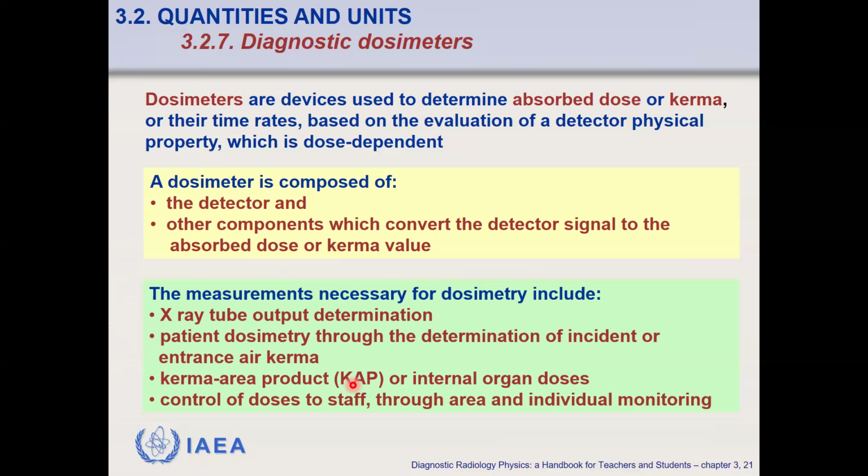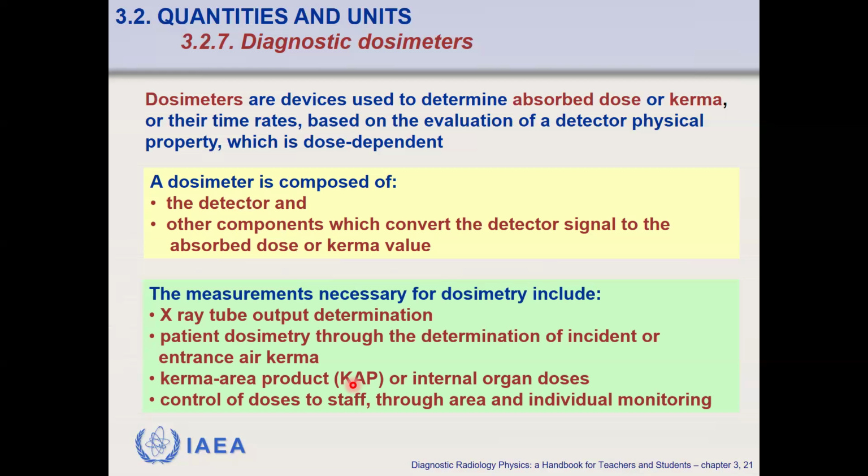Dosimeters, we can also talk about measurements like the control of doses to staff, so we can monitor the staff dose. This is to protect the healthcare workers by monitoring radiation exposure in medical facilities.